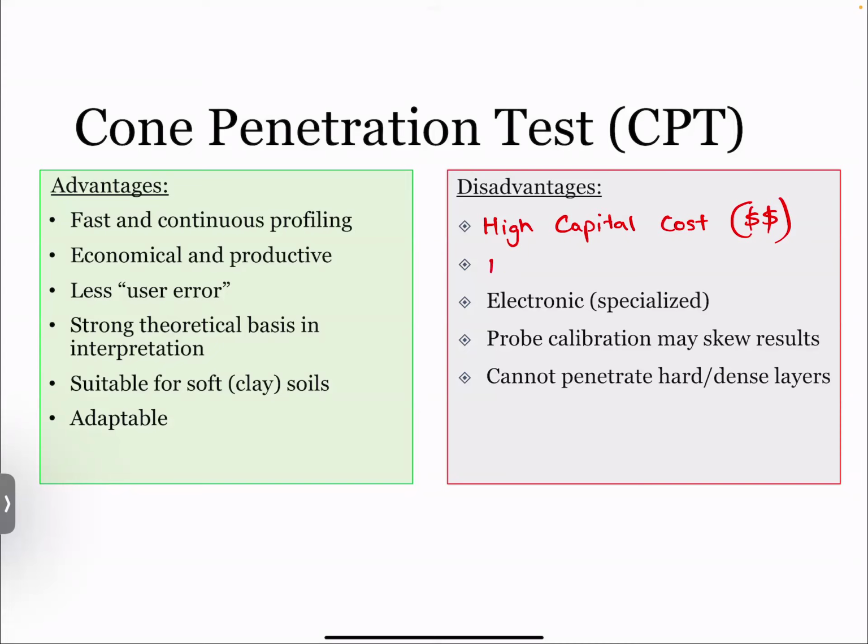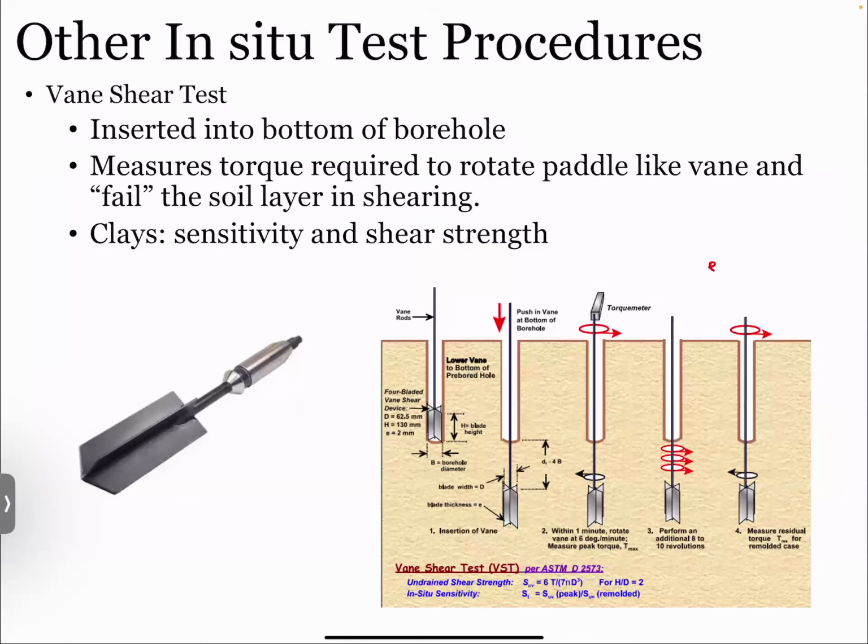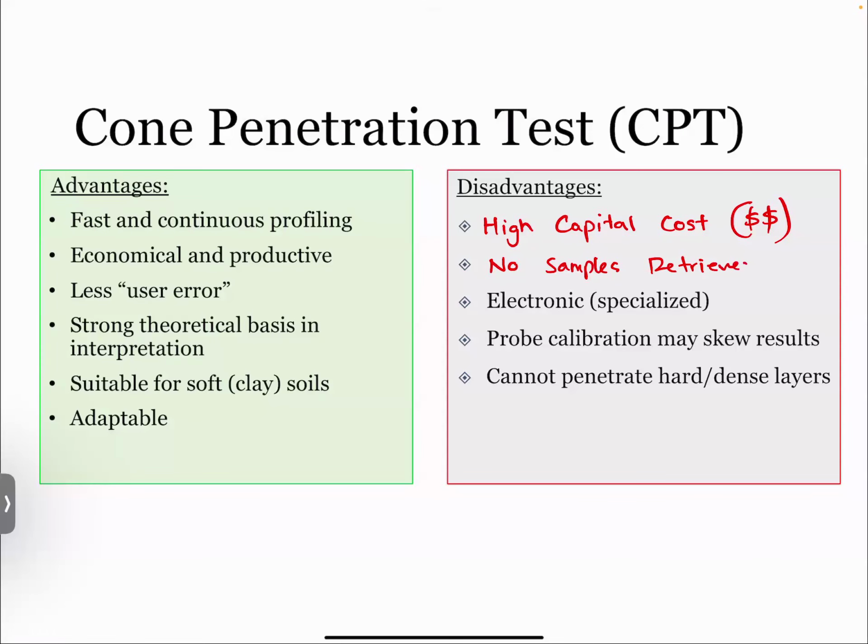Of course, the other major one is there's no physical samples retrieved. So usually they would always be combined with at least 1 standard penetration test nearby, just to make sure what you're pushing through is what you think you're pushing through. So you can correlate them for a site basis. And obviously, as we said, it can't penetrate dense or hard layers. But we get a lot more data with that.